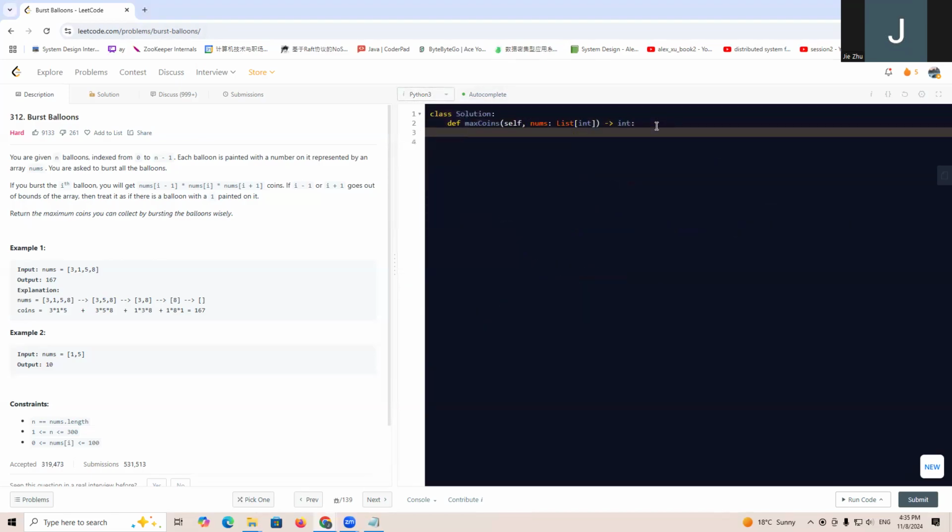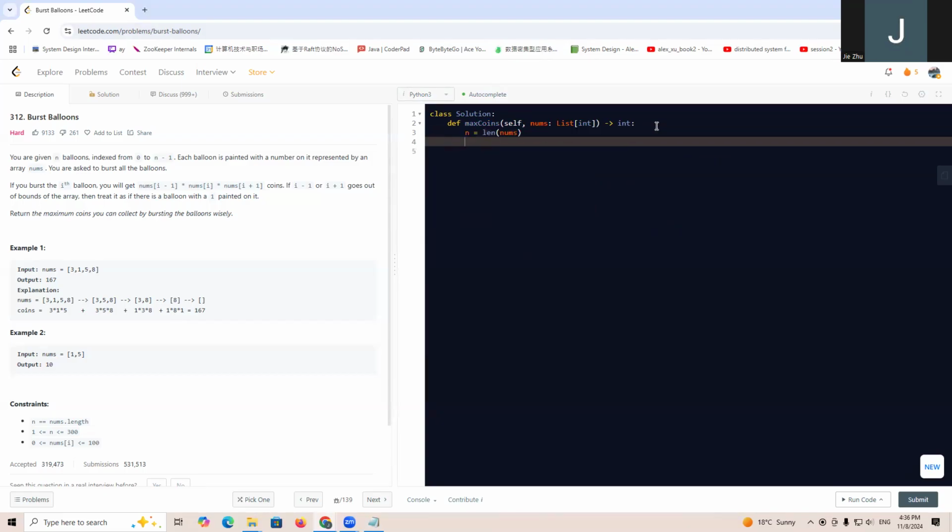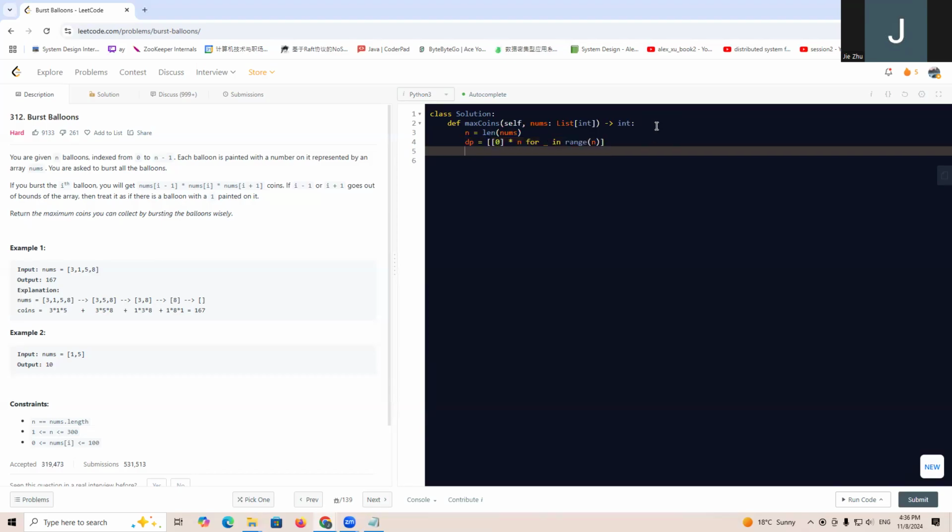We're going to have n equals the length of nums, and we're going to have dp with 0 multiplied by n for each in range n. So we talk about the initial state.